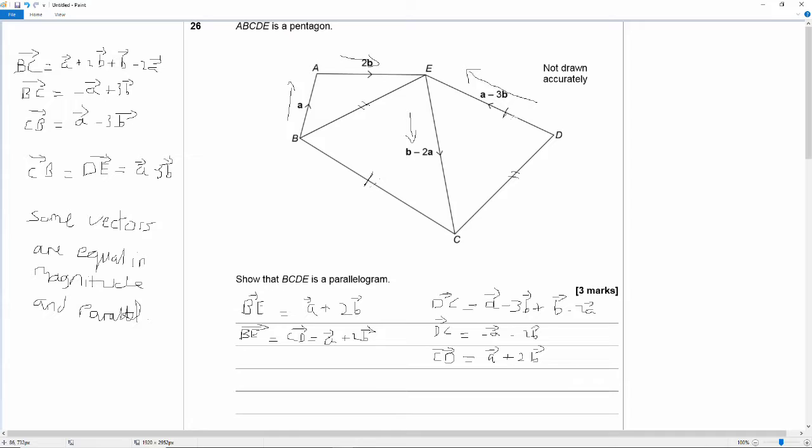It's rather important to say that explicitly because the examiner might not know that you know that.